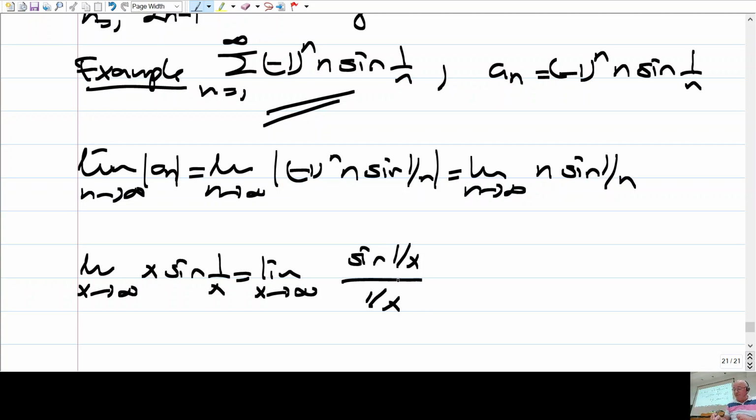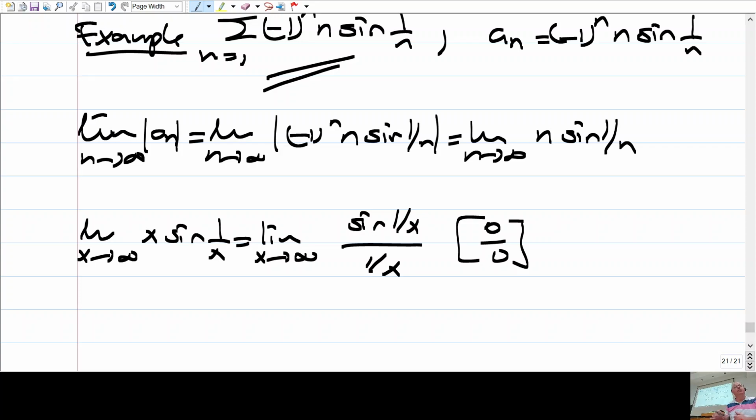So as x goes to infinity, this is 0 over 0: sine 1 over x goes to 0, and 1 over x goes to 0. And for that, we have L'Hopital's rule, right? Both functions are differentiable, so I can use L'Hopital's rule.